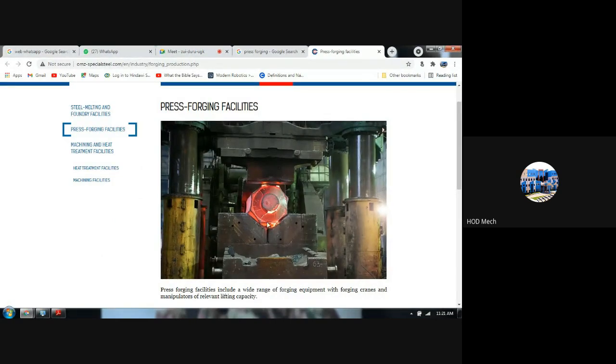To change this into a hexagonal shape, what are they doing? This is your die, the bottom portion is the die. This is your punch. This is your ram. And it is moved at high force. High force is applied. This is a hydraulic ram, and on this side it is a hydraulic piston.